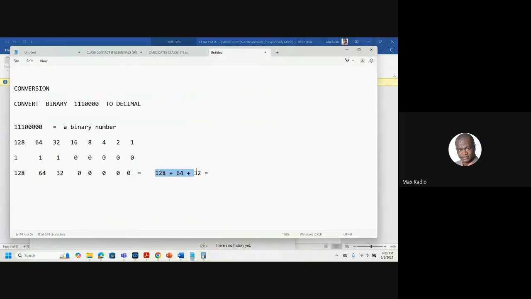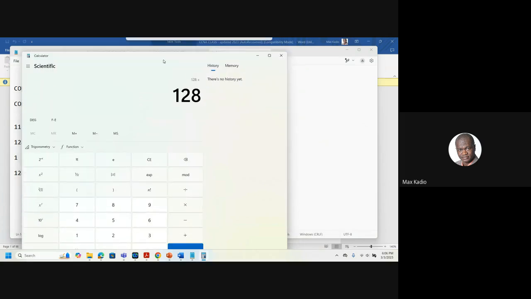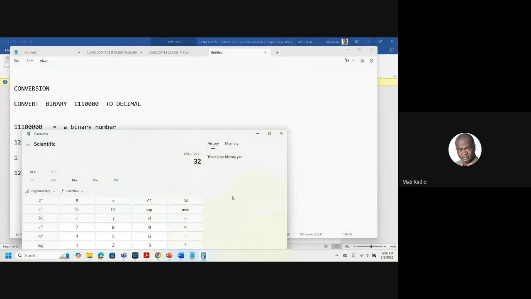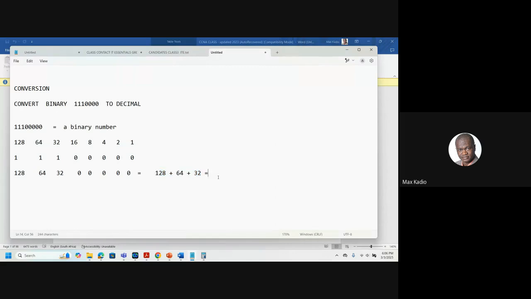So it's here, 128 plus 64 plus 32, equal 224. 224.